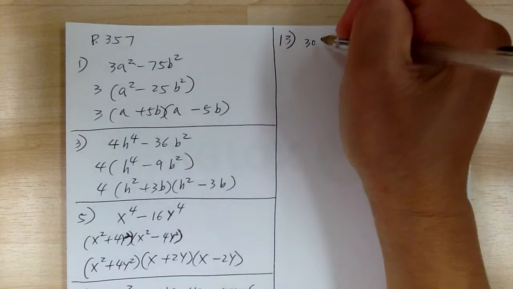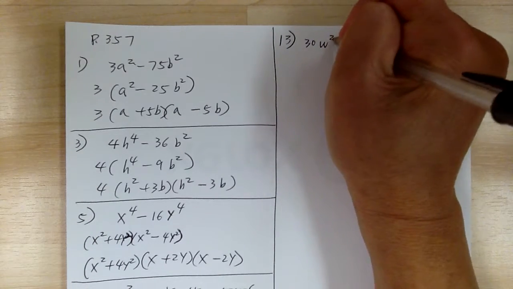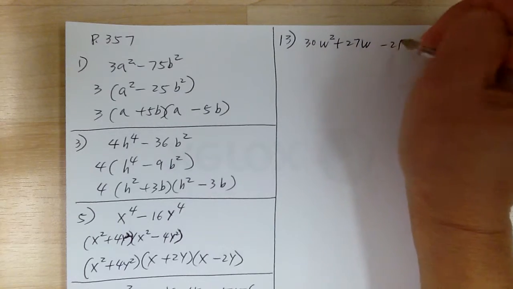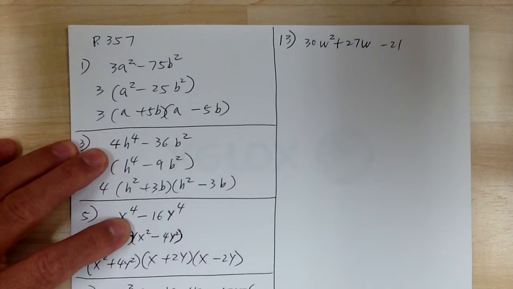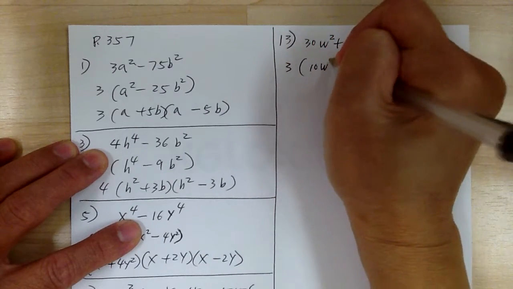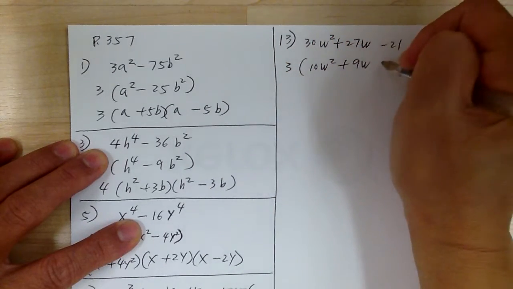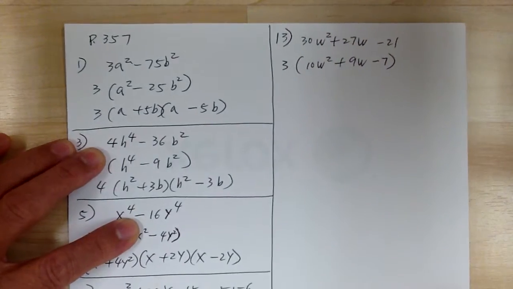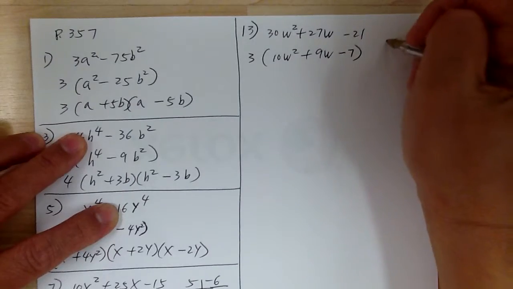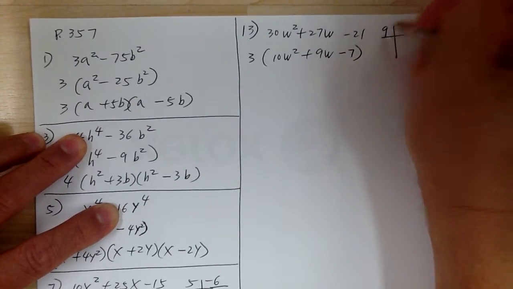You have 30w squared plus 27w minus 21. So step 1, common factor. That's going to factor out the 3. So you get 10w squared plus 9w minus 7. Step 2, perfect square. These are not perfect squares. So you go to step 4, master product. So you get 9.